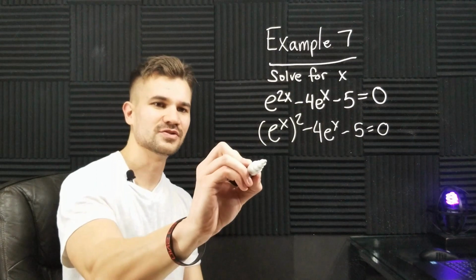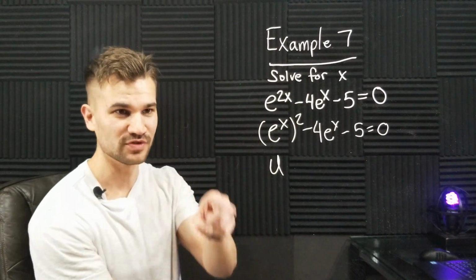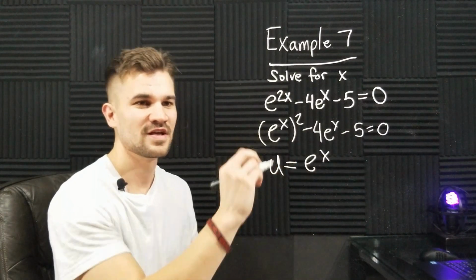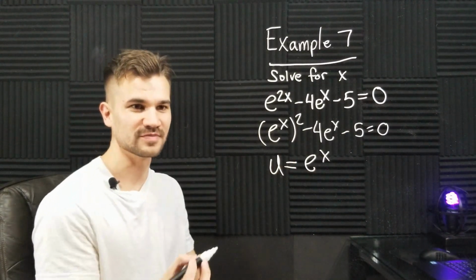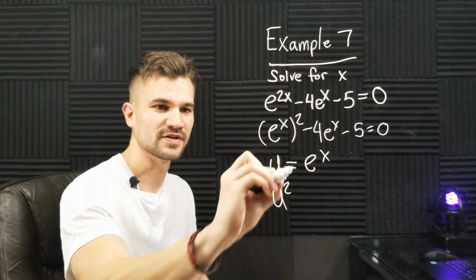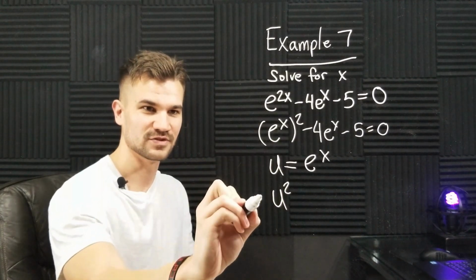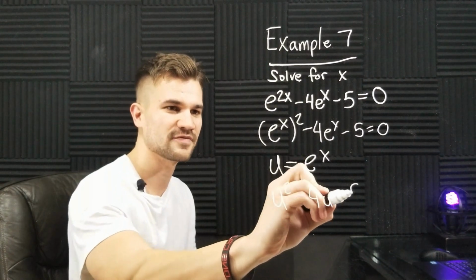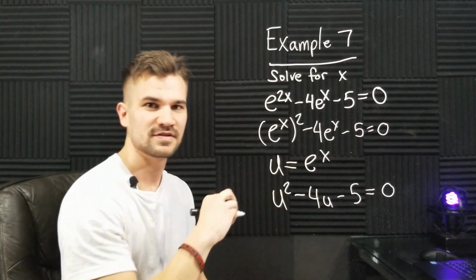So let's let u, the letter u, be e to the x. So that this equation becomes u squared minus 4u minus 5 equals 0.